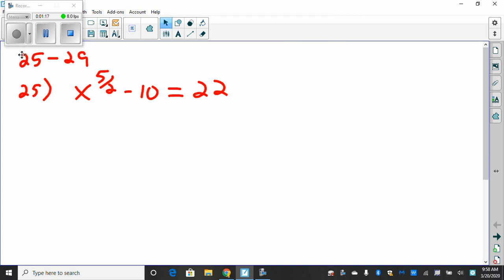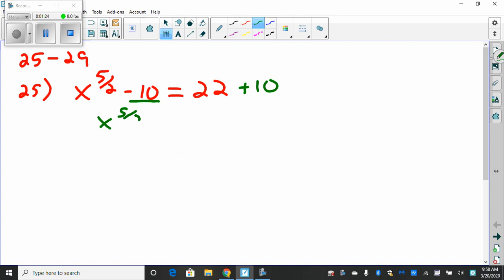Obviously, most of you know that you should move the 10 first over here, giving me x to the 5/2 equals 32. Now, if I'm raising something to the 5/2 power, to undo it, I've got to raise it to the reciprocal power of 2/5 on both sides. Now, you do have a calculator, so you can go ahead and do that. But, of course, here we'll just give you x.